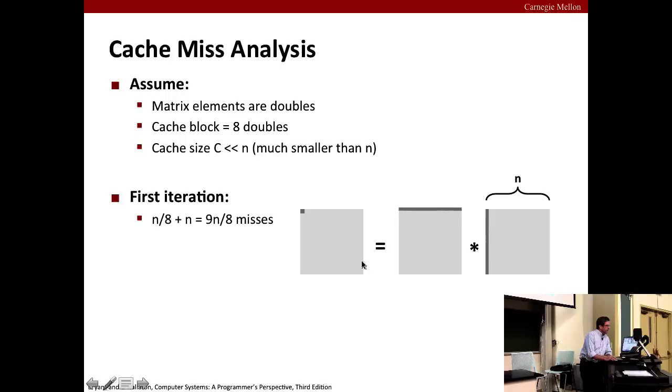We're assuming that the cache blocks hold 8 doubles and that the matrix elements are doubles, so we're going to miss 1/8 of the time. In the first iteration, which does n of these things, we're missing 1 block for every 8 references, so n over 8 misses.